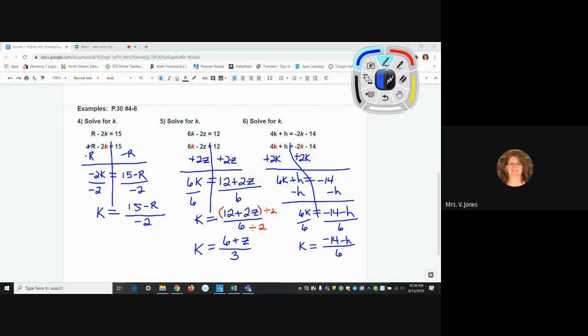All right, a couple things I want to show you real quick. You can actually take these and separate them into 2 different fractions if you wanted to. You don't have to do this, but you can.